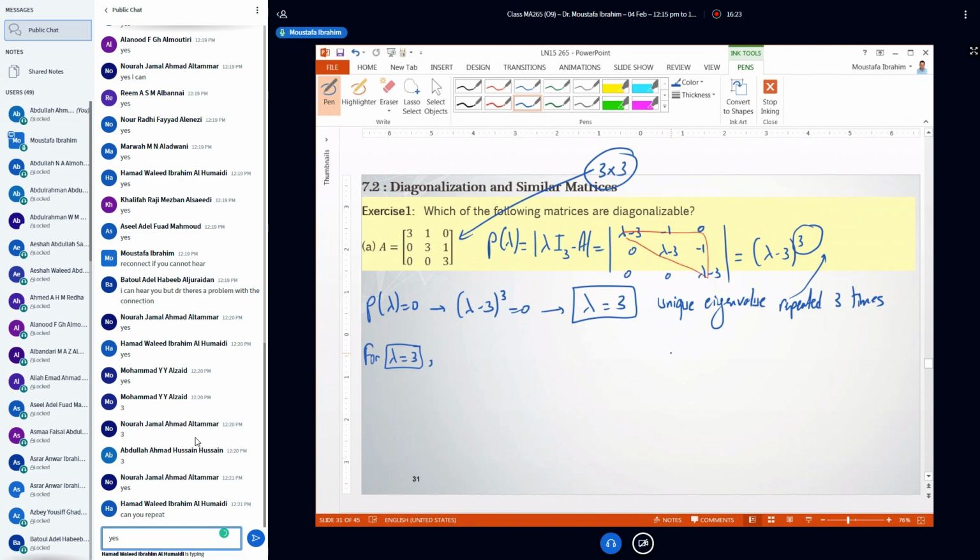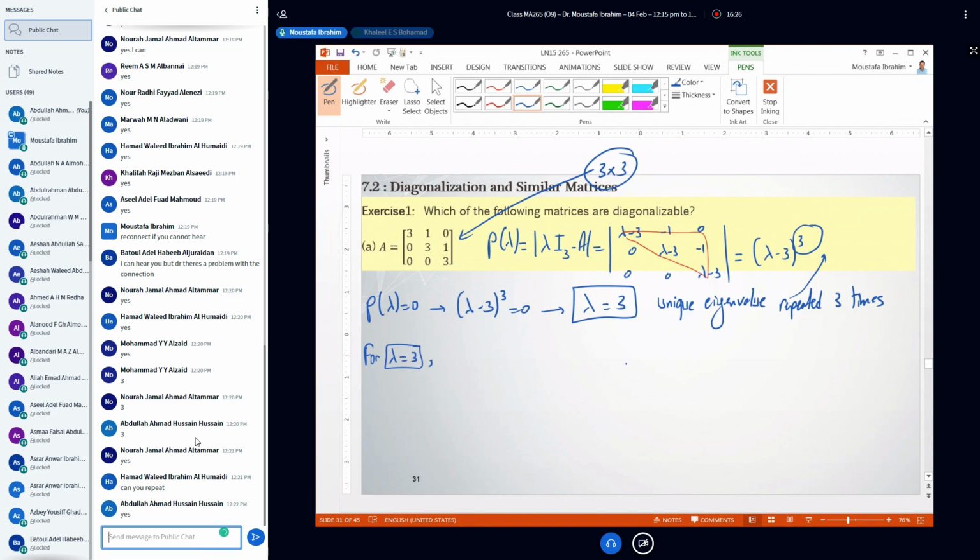Which part, Hamad? We didn't do anything, we just found the eigenvalue. Yes, because look here, solve this one.